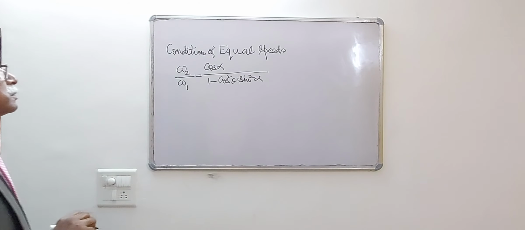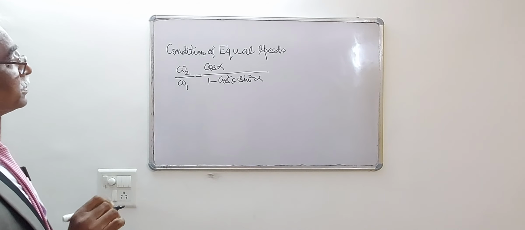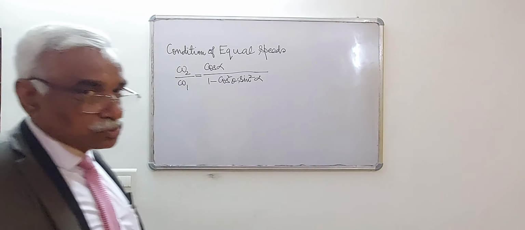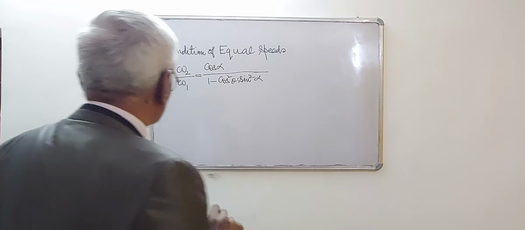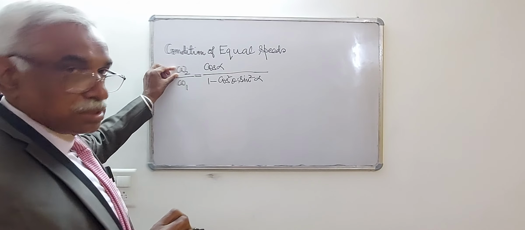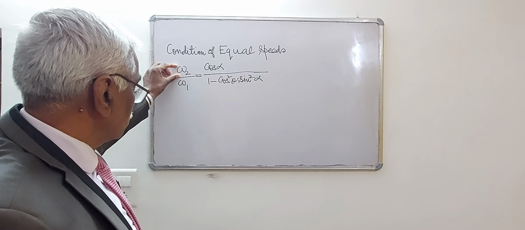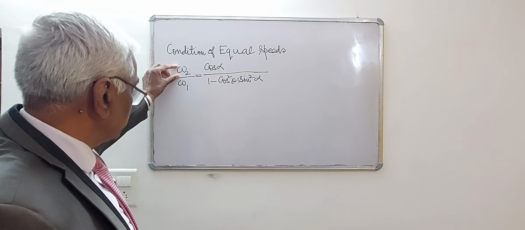This is the condition. What is the condition of equal speeds? We have seen the conditions of different speeds. We have seen the condition when the value of omega 2 was maximum, and we have also seen when the value of omega 2 was found to be minimum.